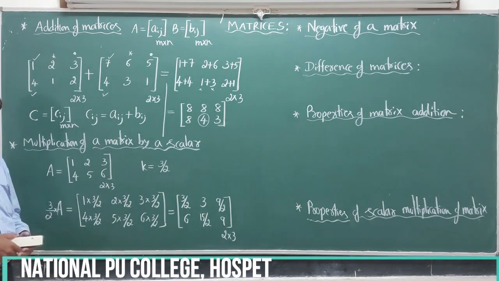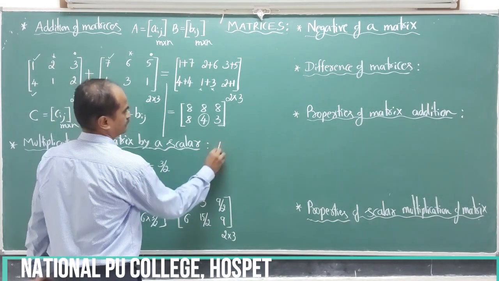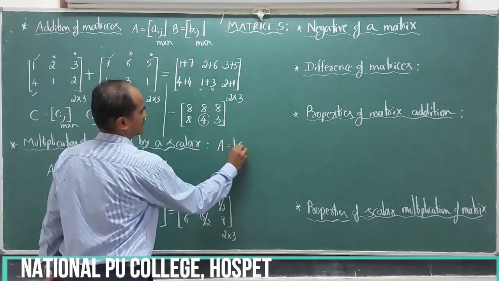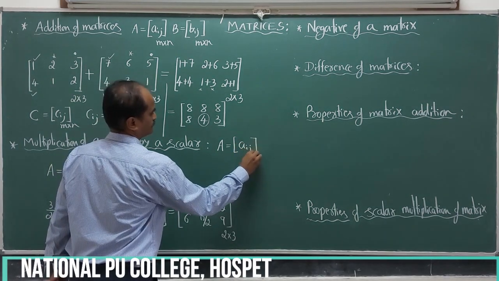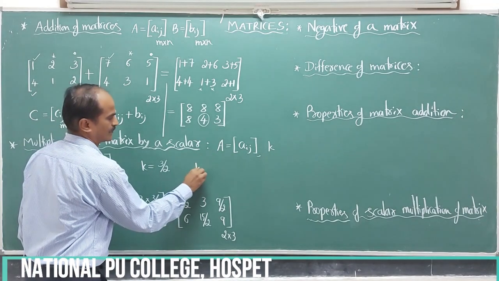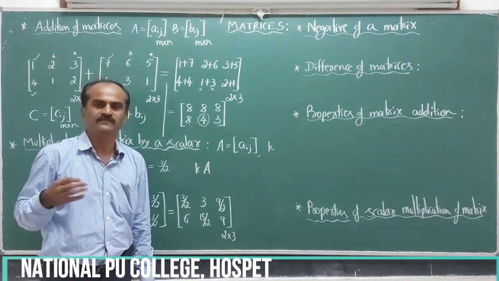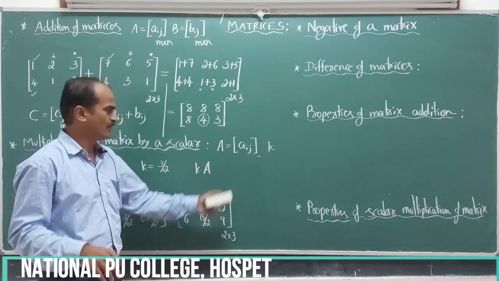In general, how can we write this? If A is a matrix whose entries are Aij, and k is any scalar, then k times A is defined to be another matrix of order m by n.